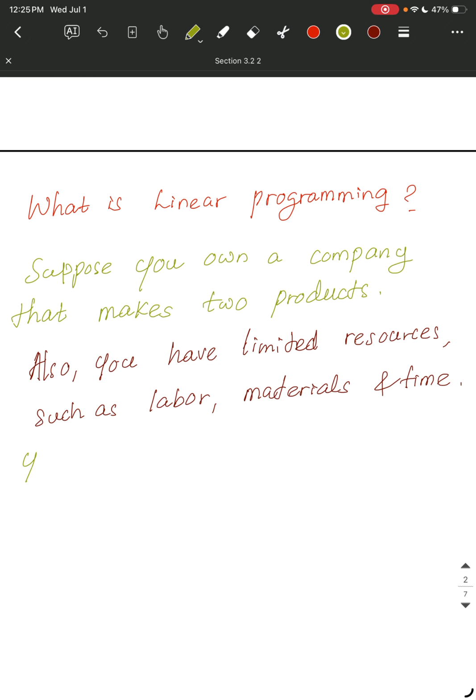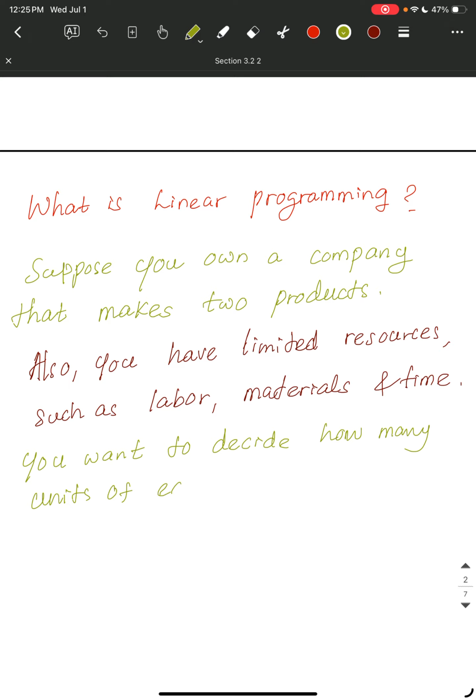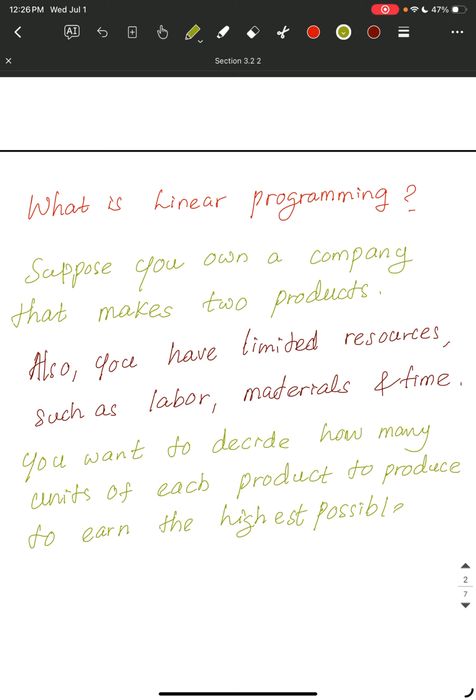Okay, so this is exactly what linear programming helps us to do.